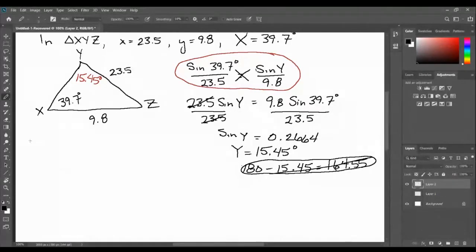So angle Z is going to equal 180 minus the 39.7 minus the 15.45, just because the three angles need to add to 180, and that is 124.85.